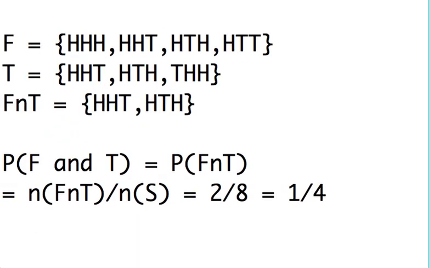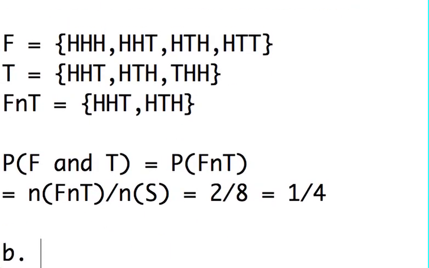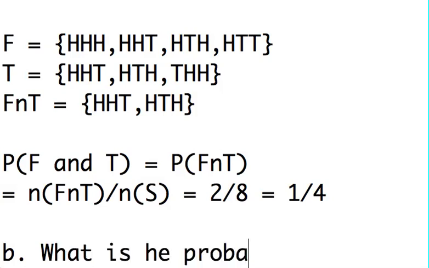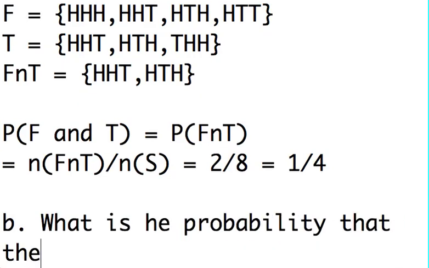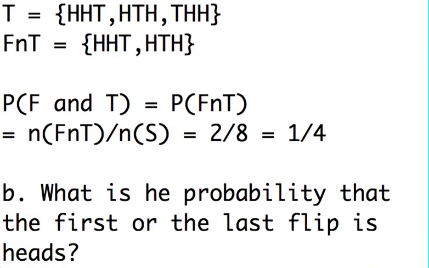So here we're just doing things literally by counting. Now, let's say, what is the probability that the first or the last flip is heads? And here, again, I'm using the mathematician's or, which is or both.